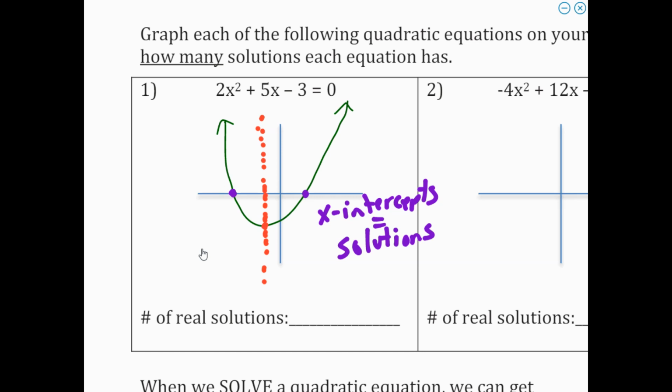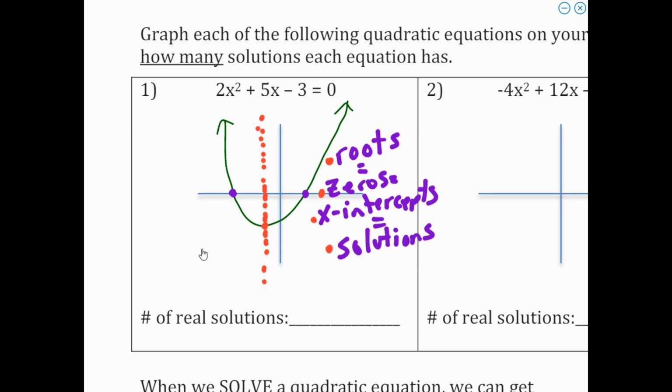Your x-intercepts equal your solutions. They're the same thing. Other words for that are roots, x-intercepts, solutions, and zeros. All of those words are talking about the same thing. That's not a dot on the line, that's just my bullet point.